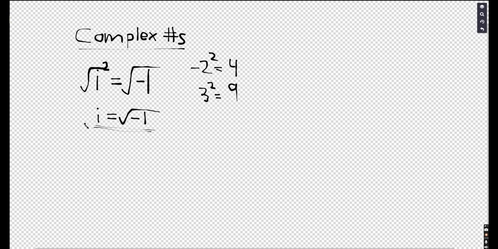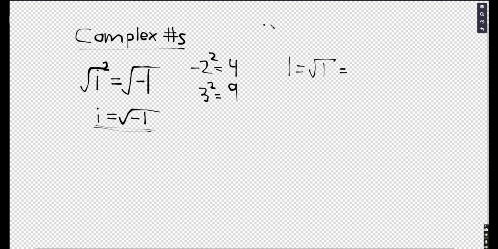Some people might say that i equal to the square root of -1 is wrong, and I'm going to show you their reasoning. We start with 1. 1 is equal to the square root of 1, because 1 squared is still 1.